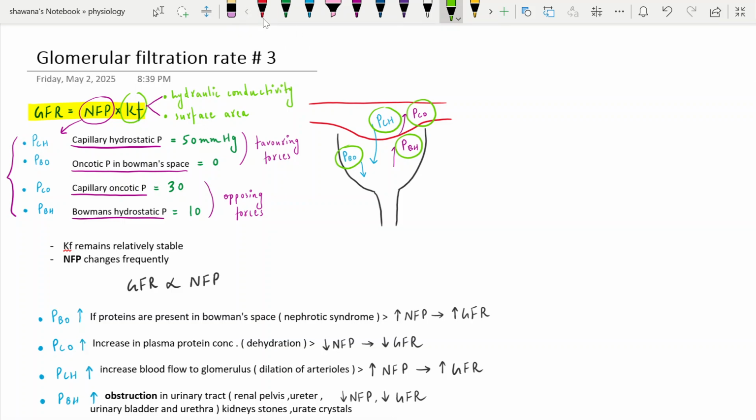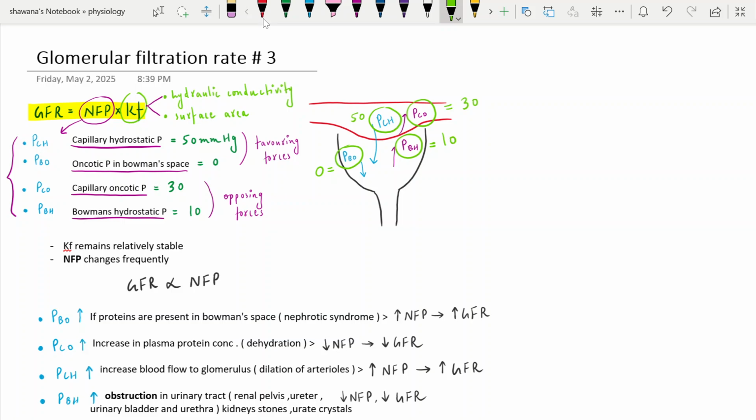By calculating these, the capillary hydrostatic pressure is 50. The oncotic pressure in the Bowman space is practically 0 because there is no protein inside the Bowman space, and the capillary oncotic pressure is about 30 mmHg, and the hydrostatic pressure in the Bowman space is 10.